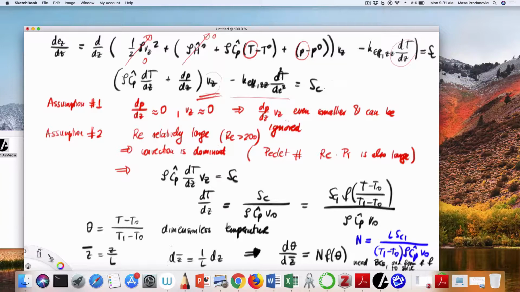BCs, boundary conditions. I need boundary conditions and the form of f to solve this. Right? But once I get that, it's a separation of variables because I can divide by f of theta and multiply by dz.